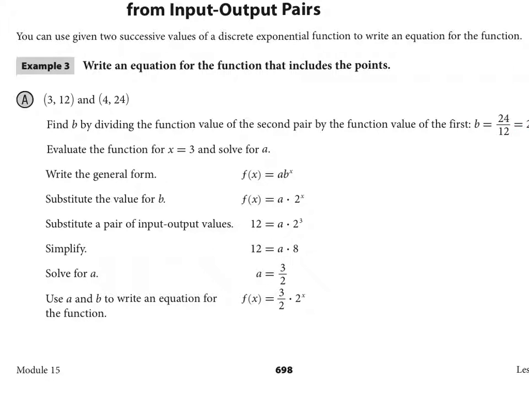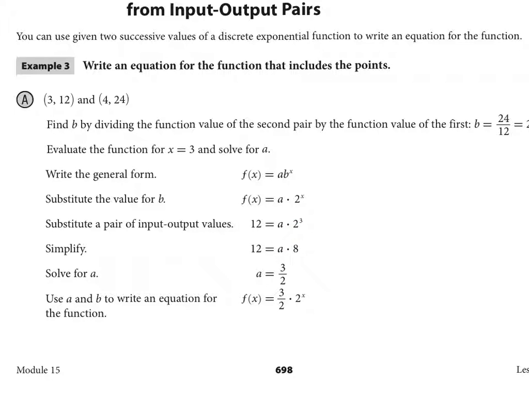Then it says evaluate the function for when x is 3, and you know that has to give you a value of 12. So you write the general form of the function. We are going to use 3 for x. We now have our b here is 2. And we're trying to figure out a. So we know the value of the function is 12. We're looking for a, b was 2, and x is 3.